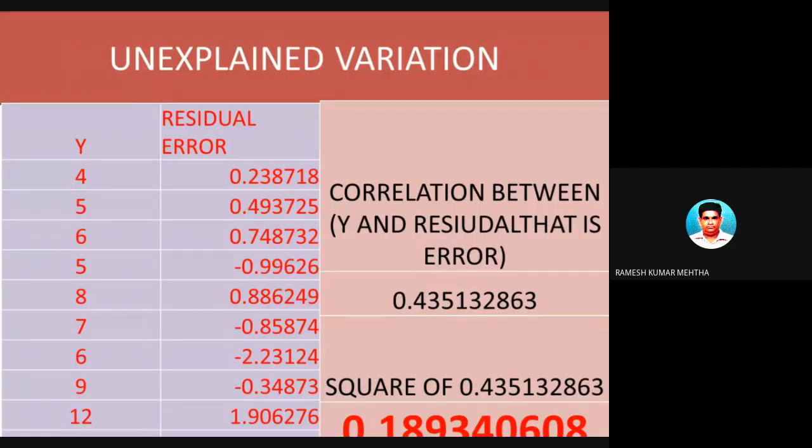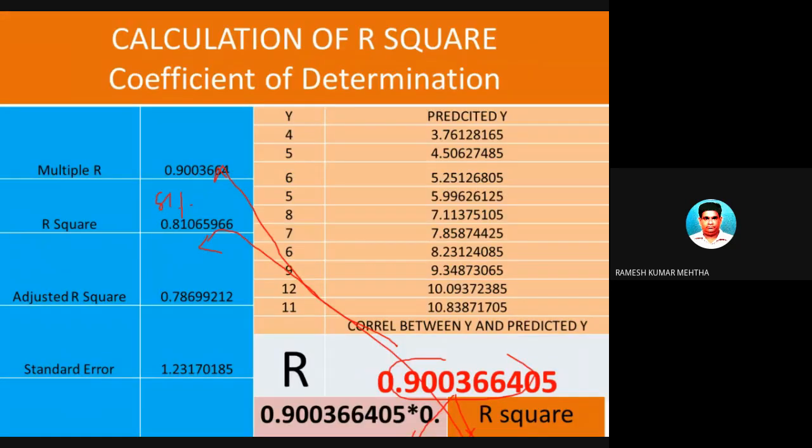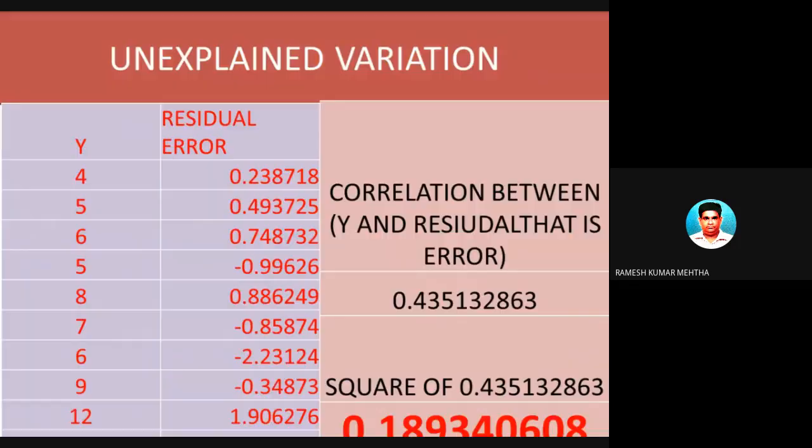So, unexplained variance. Now, what is the unexplained variance? If you look carefully here, you can have a correlation between y and predicted y, and the difference of y with predicted y is nothing but the error.